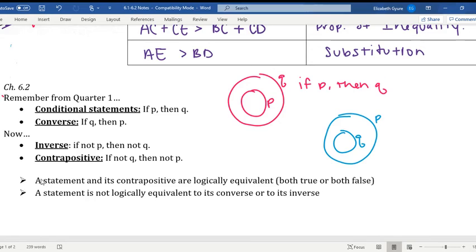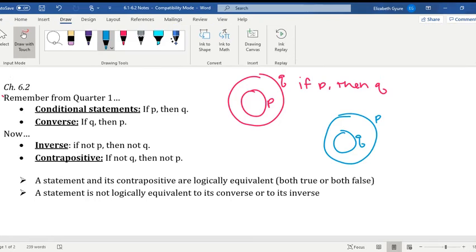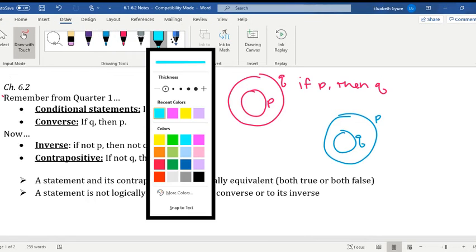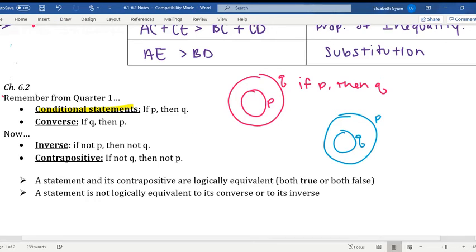So that's important with this part down here, these two little other notes I made. A statement and its contrapositive are logically equivalent. Logically equivalent means they're both true or they're both false. So if you have a true conditional statement, then you are going to have a true contrapositive. Or if you have a false conditional statement, you're going to have a false contrapositive.